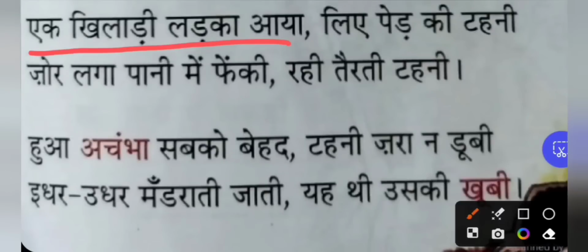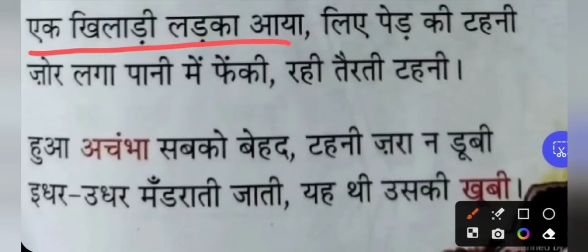एक खिलाड़ी लड़का आया, लिए पेड़ की टहनी, जोर लगा पानी में फेंकी, रही तैरती टहनी. So one day one playful sportsman boy came. He had a branch of a tree. जोर लगा कर means with full force. फेंकी means he threw it in the water. He threw the branch of the tree into the water. But what they saw was that the branch of the tree kept floating.